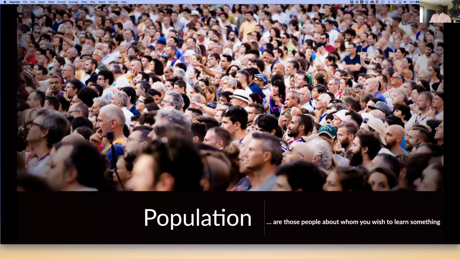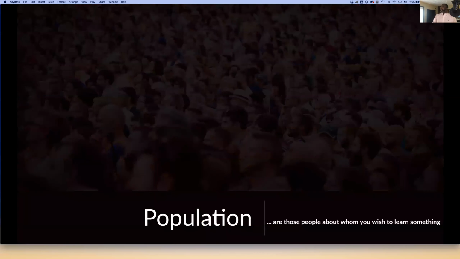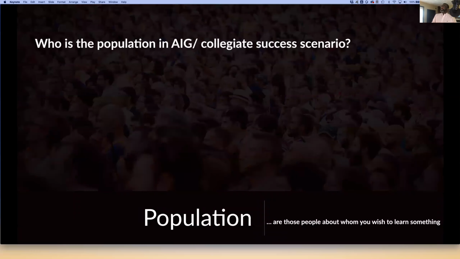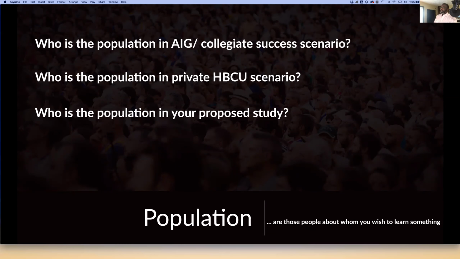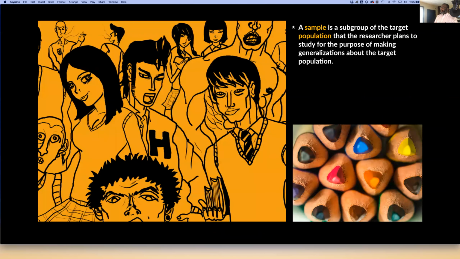Population. So populations are those people about whom you wish to learn something. Who is the population in the AIG collegiate success scenario, or who's the population in the private HBCU scenario? You might want to think about who the population is in your proposed study. A sample is a subgroup of the target population that the researcher plans to study for the purpose of making generalizations about the target population.